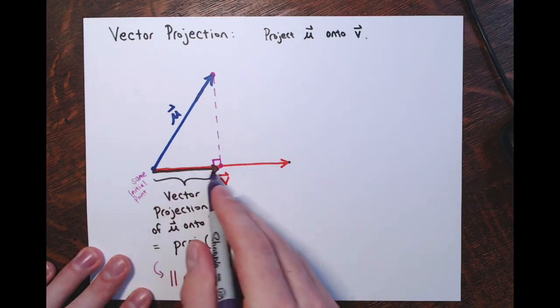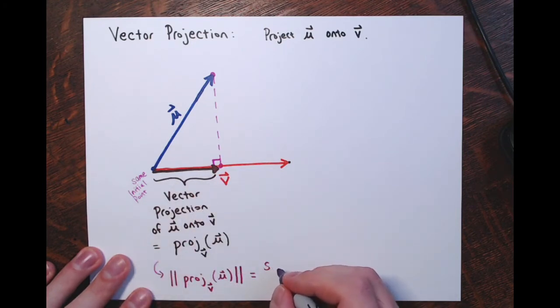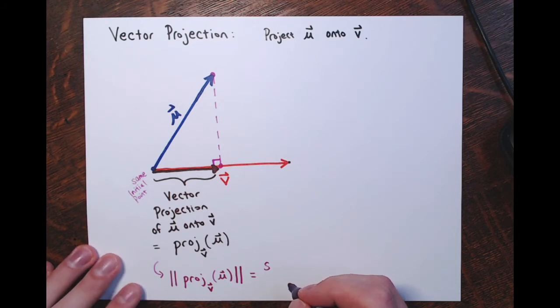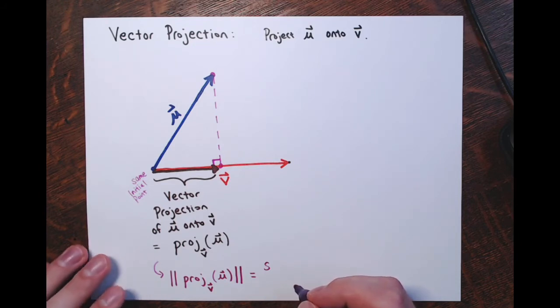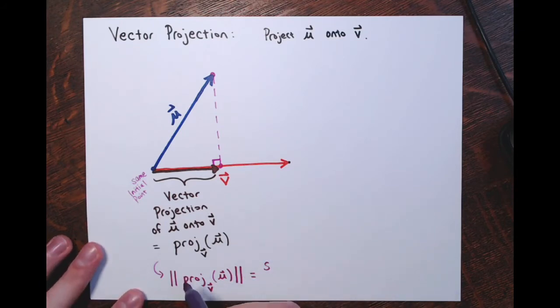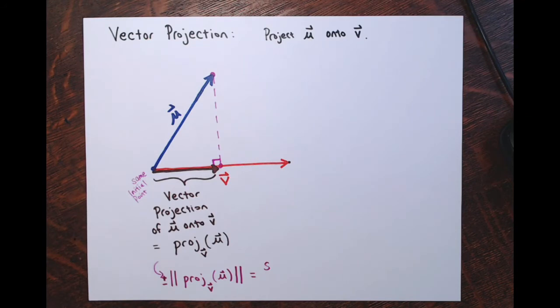Just how long that vector is. Well, I guess I shouldn't say that exactly. Because it can be, all right, so I'll say plus or minus, because it depends on which direction.